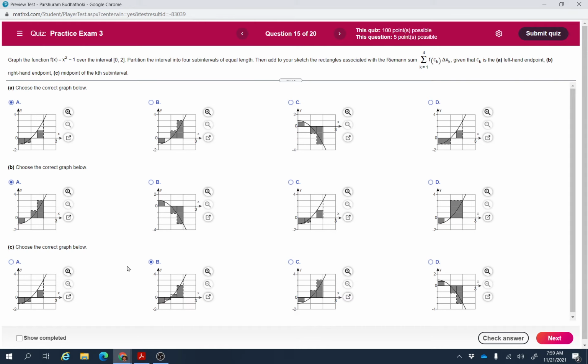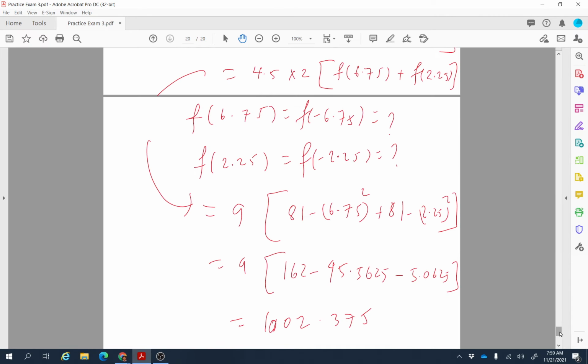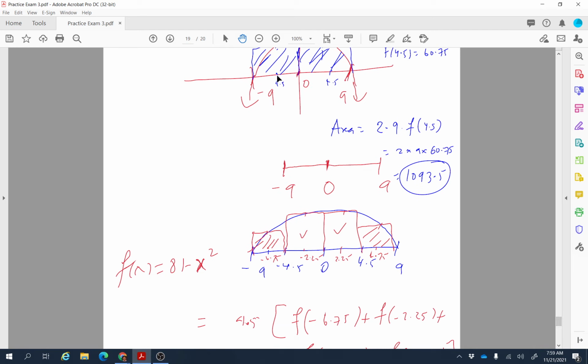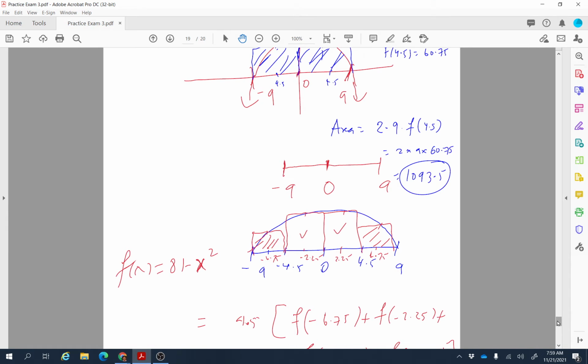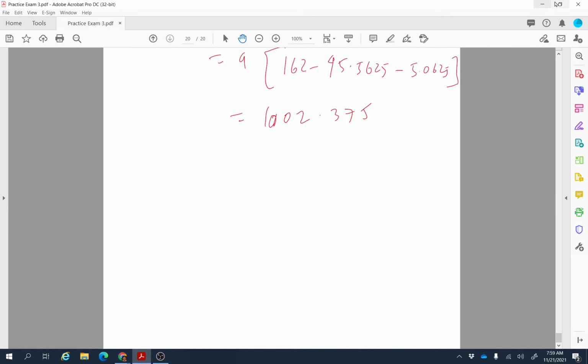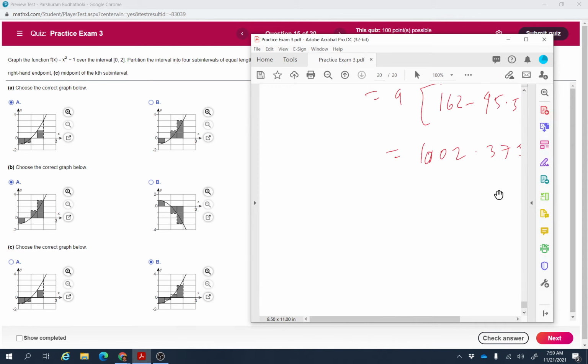So by using the very similar approach, here we are using the midpoint, but sometimes you also have to use the left endpoint, right endpoint, and then midpoint. Midpoint we already saw. For the left endpoint, let's say this is the problem we are doing, which is x squared minus 1 from 0 to 2, problem number 15.